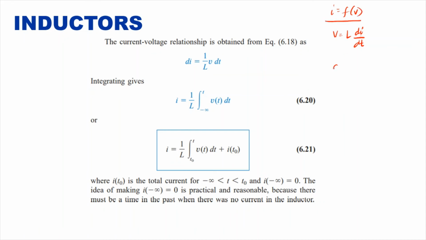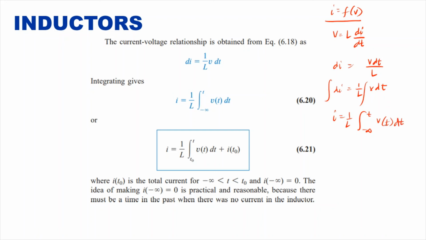So, ito, mag-i-stay siya dyan. Ito yon: di is V dt over L, or that is, L is constant, 1 over L, V dt. And then, we integrate both sides. So, that is I equals 1 over L, integral from negative infinity to time t, of V as a function of time dt.